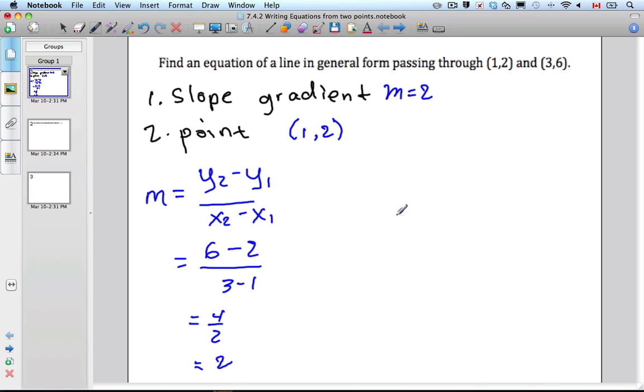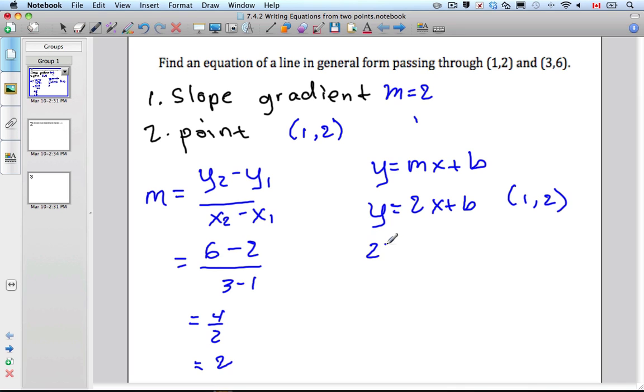Well, if we're going to write an equation, and we have a point and a slope, let's use y equals mx plus b. Substitute in our m. So y equals 2x plus b. We already know it goes through the point 1, 2, so just like before in the previous podcast, substitute in your values. 2 equals 2 times 1 plus b.